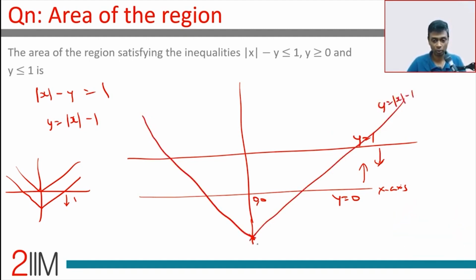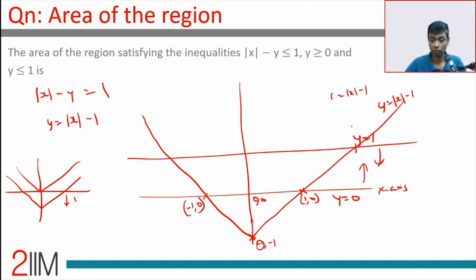So this point will be 0, minus 1. Put x equal to 0, y will be minus 1. This point, when will y be 0? When x is 1, (1, 0), or x is minus 1, (minus 1, 0). When will y be 1? So 1 equals mod x minus 1.